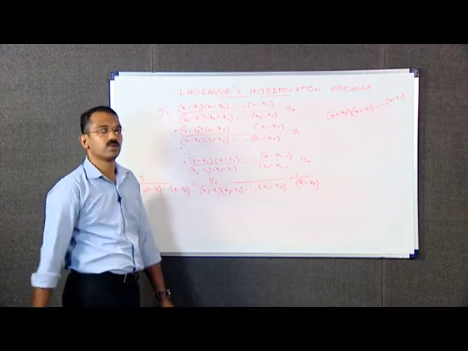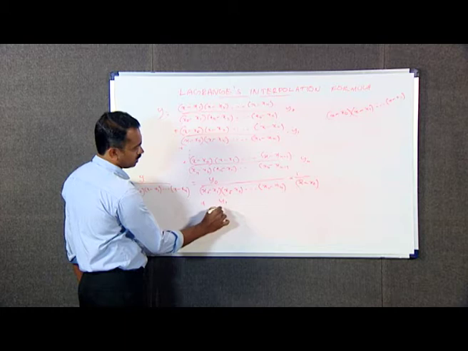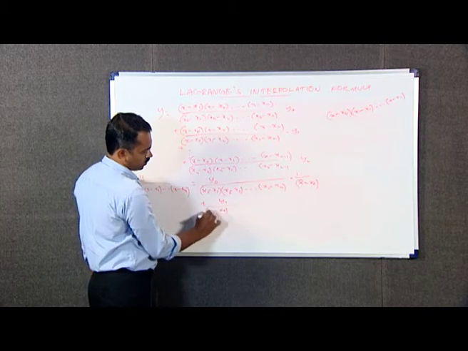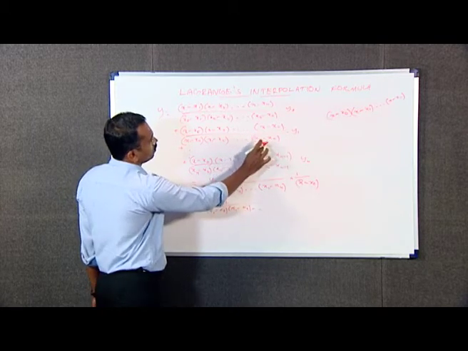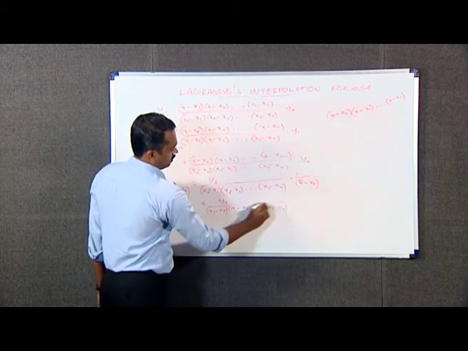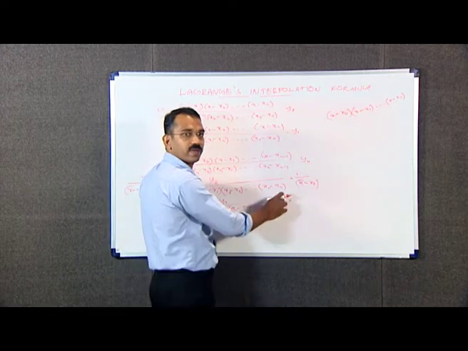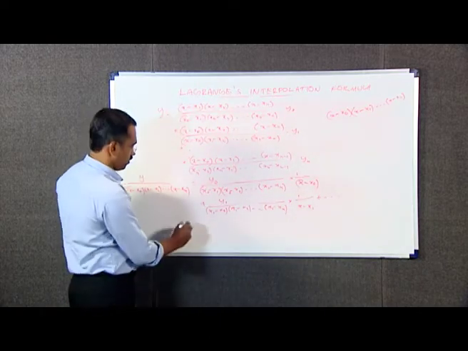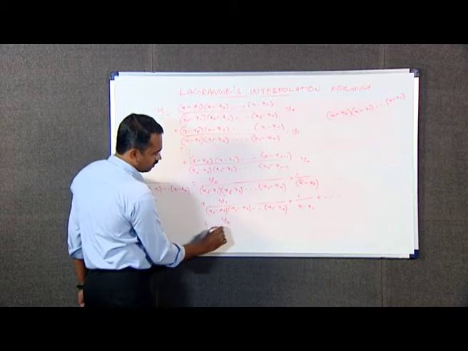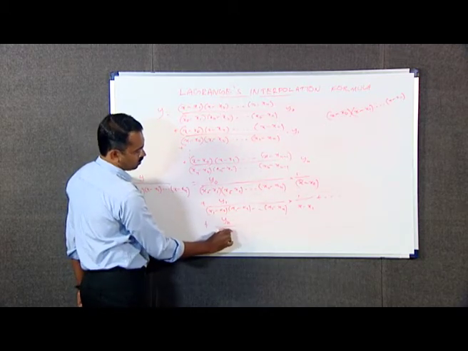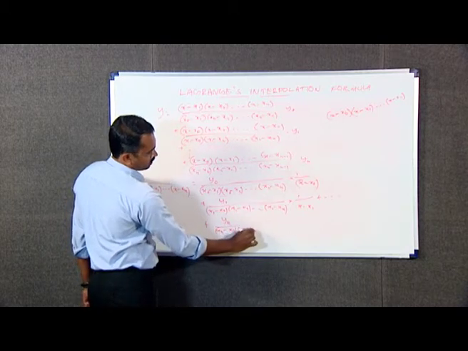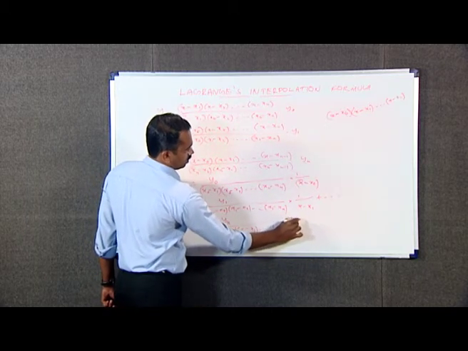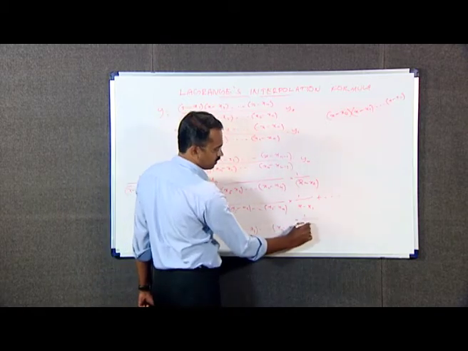In the second term, we get plus y1 divided by x1 minus x naught into x1 minus x2 into etc. into x1 minus xn into 1 divided by x minus x1 here plus etc. plus yn divided by xn minus x naught into xn minus x1 into etc. xn minus xn minus 1 into 1 divided by x minus xn.